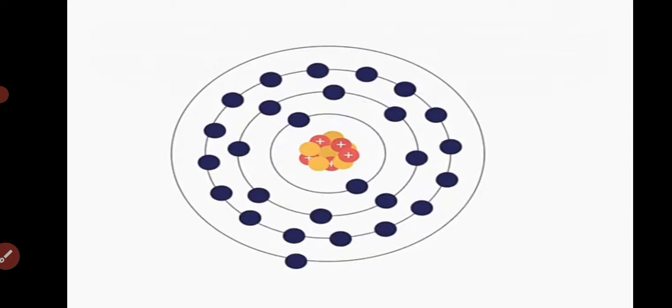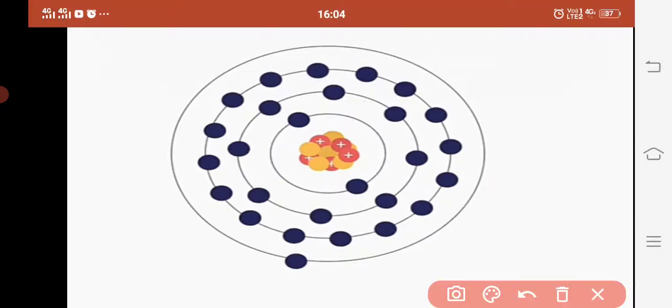As we have studied in our previous video, when we rubbed the ebonite rod, we saw that a negative charge developed on it, and we named it electron. So basically we can say that the atom has three subatomic particles named electron, proton, and neutron.